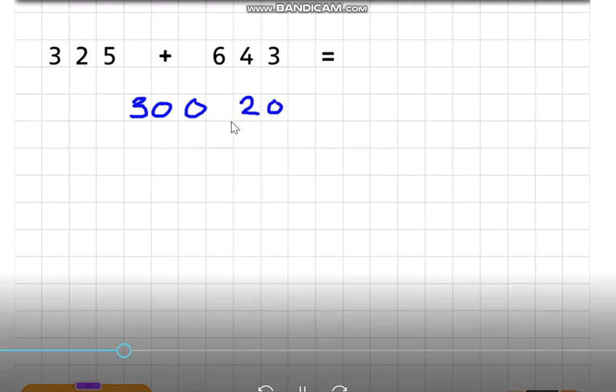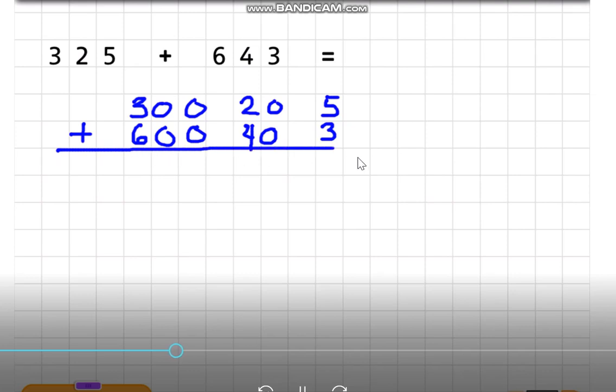So let's make sure we always leave a space between each place value. And then 5 here. And then I wrote this addition or plus sign a little bit farther away from our numbers. Next one would be 600. And then 40. And then 3. And then the equal sign.